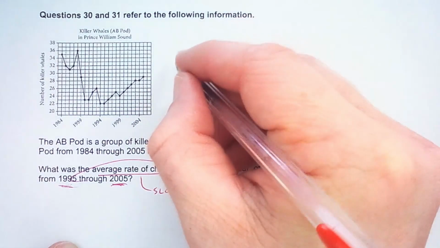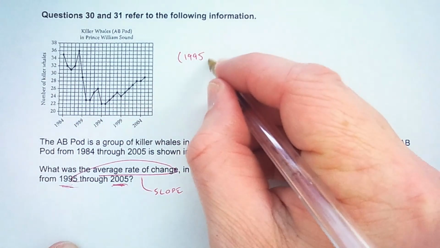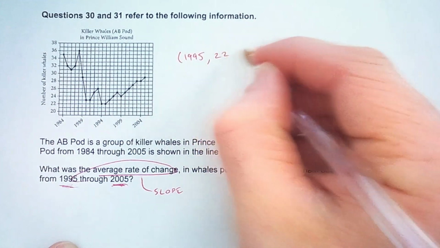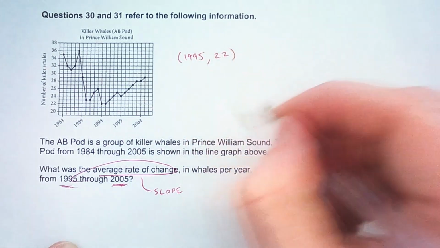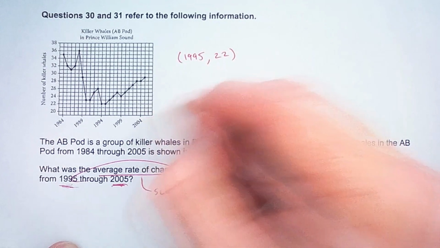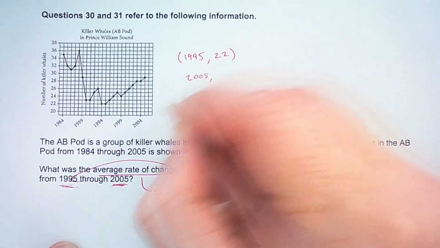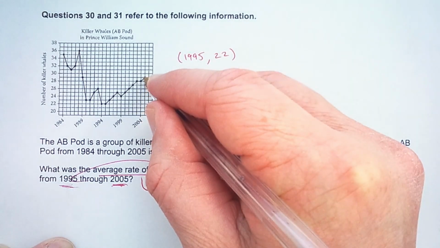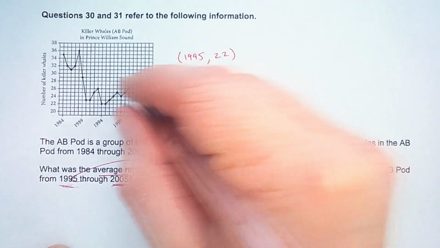So in 1995, and that's along the x-axis, on the y-axis we have 22. So 1995, 22 whales. And then in 2005, we had 28 whales, 29 killer whales. We had 29.